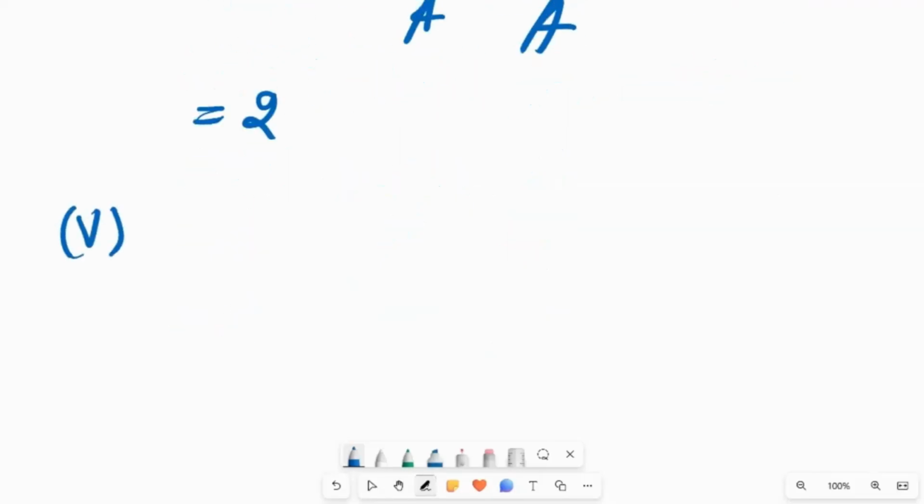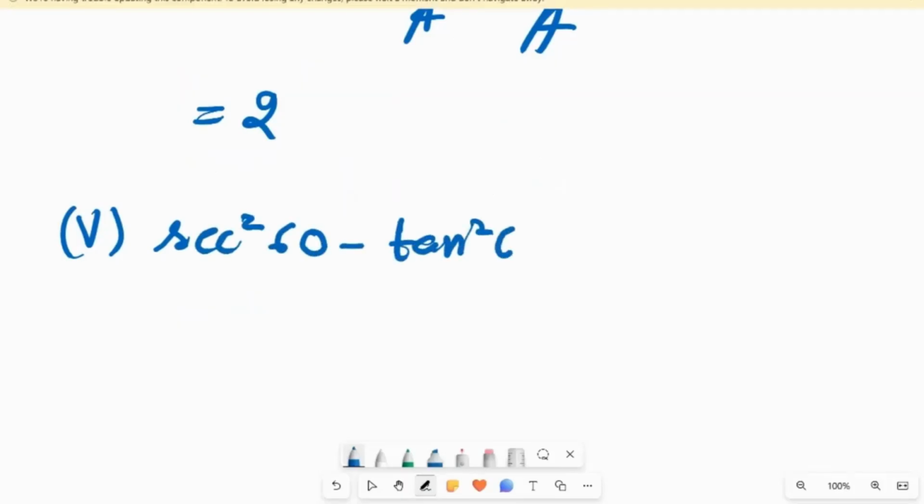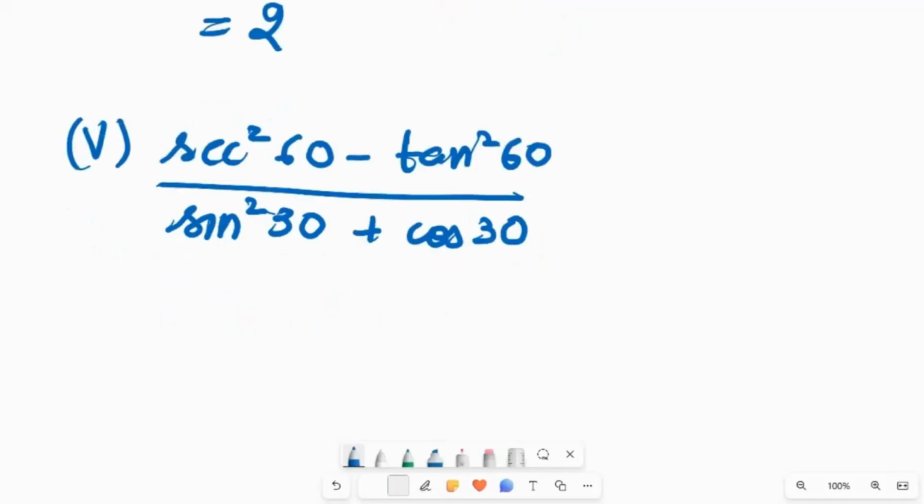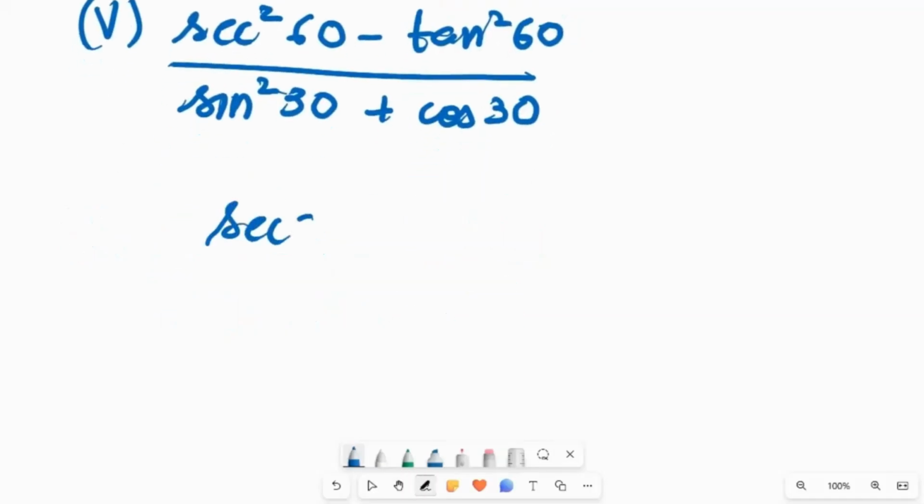Next, finally we have the fifth question. We have secant square 60 minus tan square 60 divided by sin square 30 plus cos square 30. We know that secant 60 is equal to 2. Therefore, secant square 60 is equal to 4.